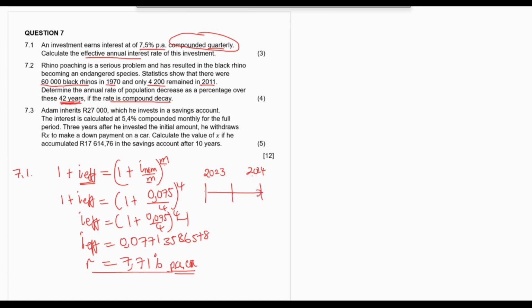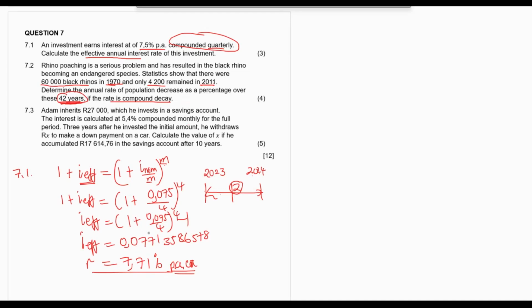Do you see that is 2 years? But if you say 2024 minus 2023, you get 1. So same thing here. You can have your 42 years from 1970 to 2011. It's good that we are given the value of n, so we're going to use n as it is there.